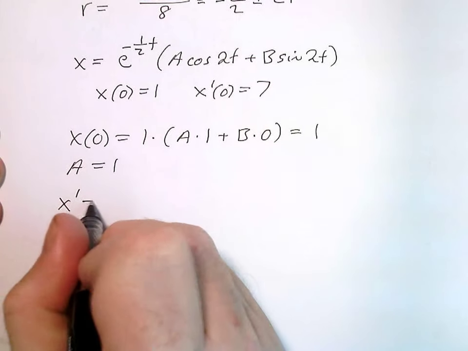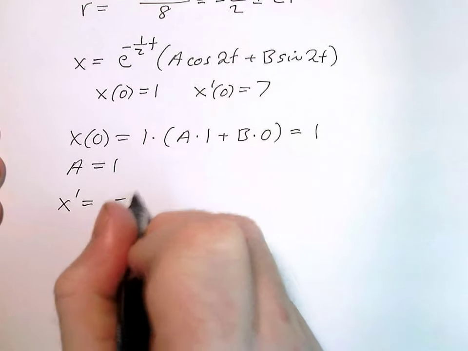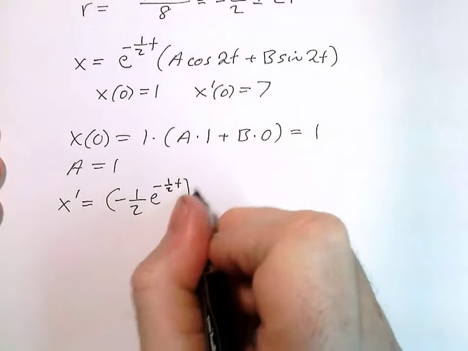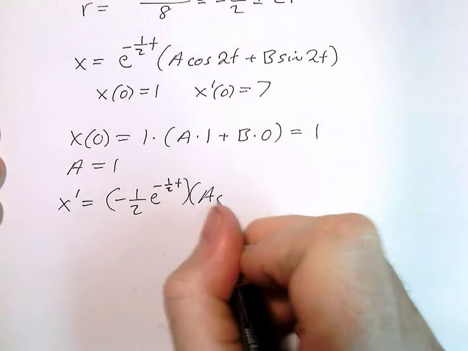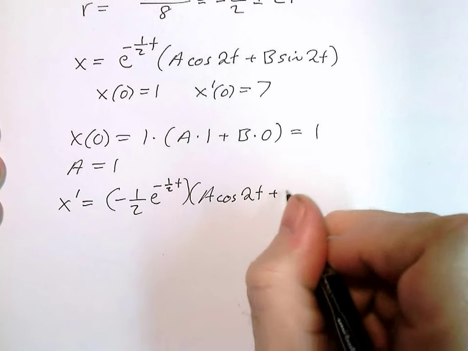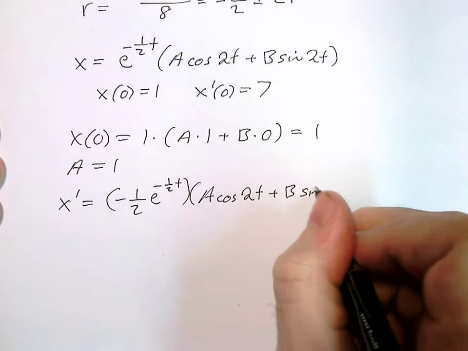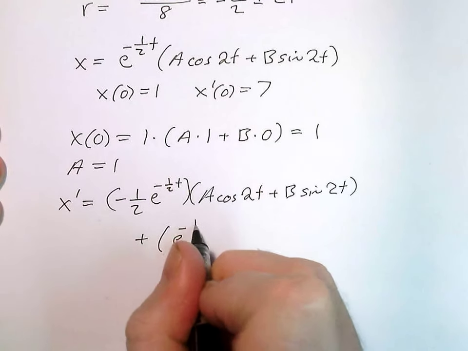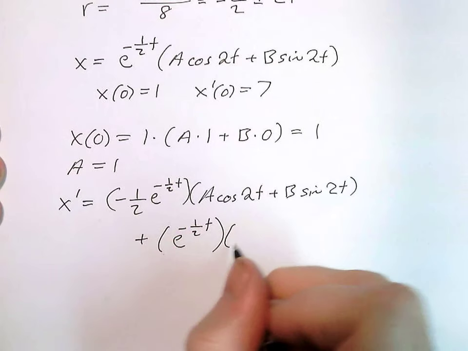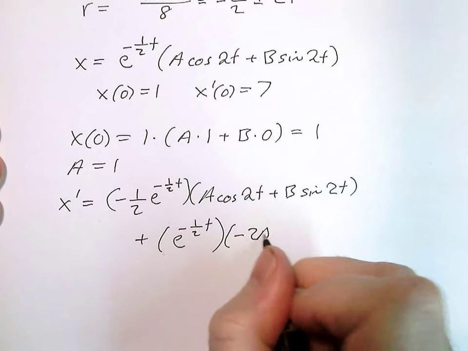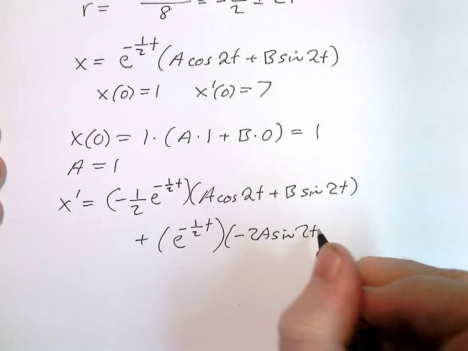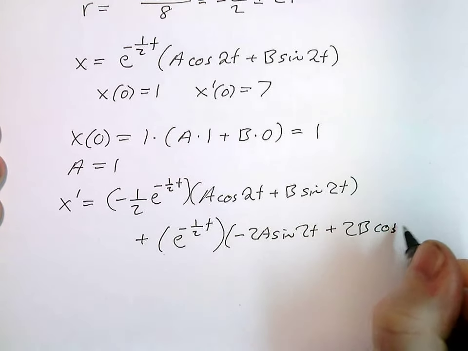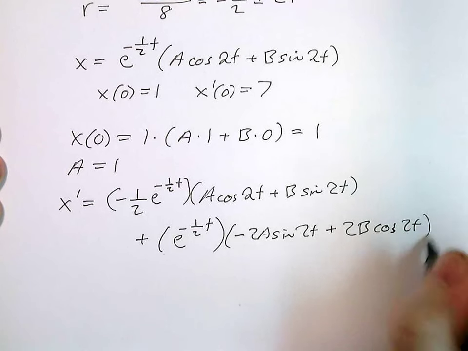So my x' here is going to be -1/2 e^(-t/2) times (a cos(2t) + b sin(2t)), plus e^(-t/2) times (-2a sin(2t) + 2b cos(2t)).